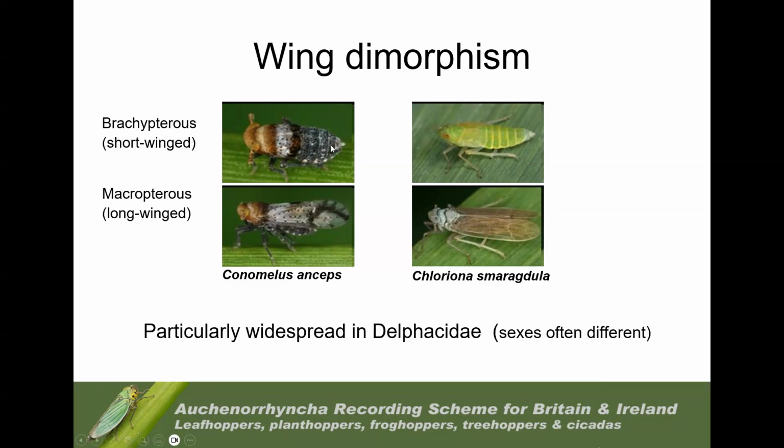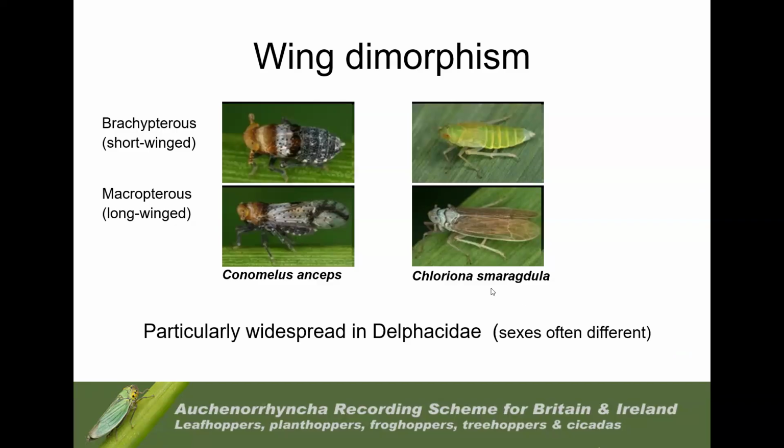The short-winged form on the top here and the long-winged form at the bottom are pretty similar, other than obviously the length of the wings. The wings have these little black spots that run along the veins in both of those types. So it's logical and obvious to link them together as part of the same species.